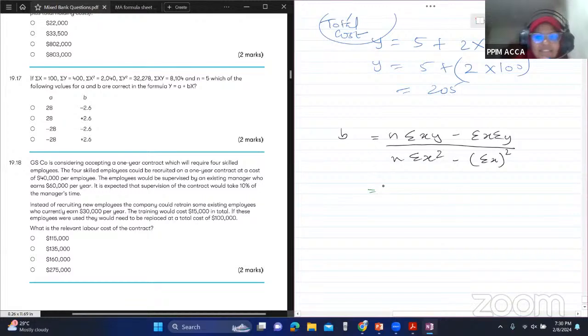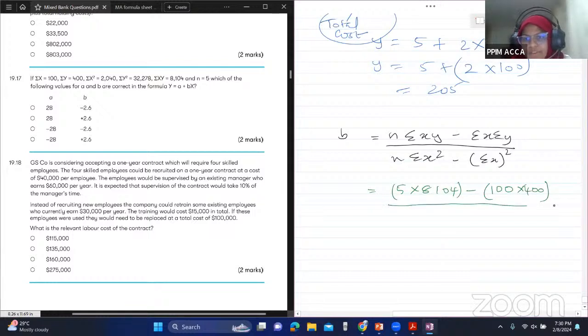They're saying n is 5. So 5 times sigma xy. Let's see if that's given to us. Yes, 8,104. Minus sigma x, sigma y. So sigma x is how much? 100. Sigma y is how much? 400.